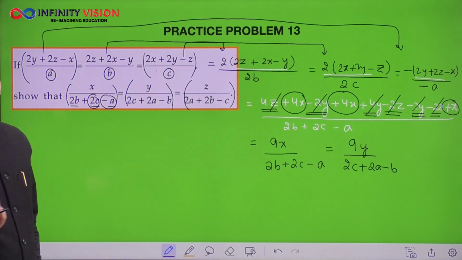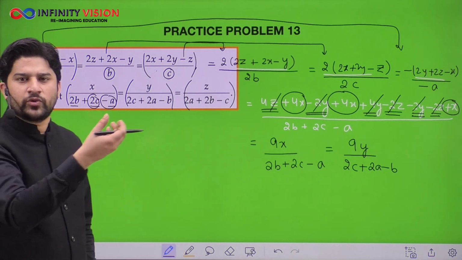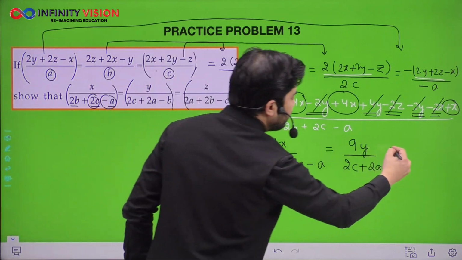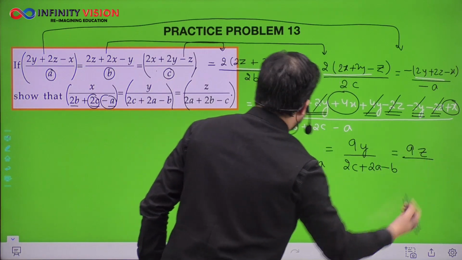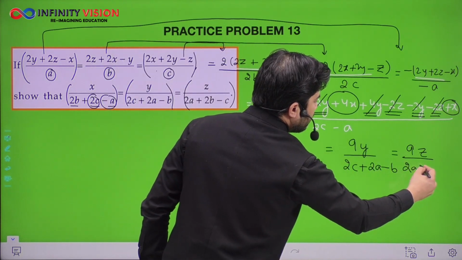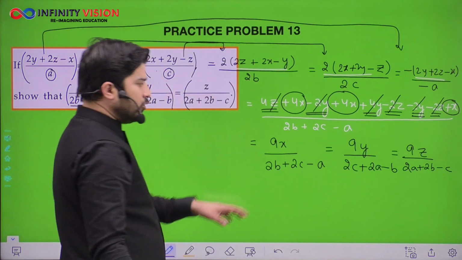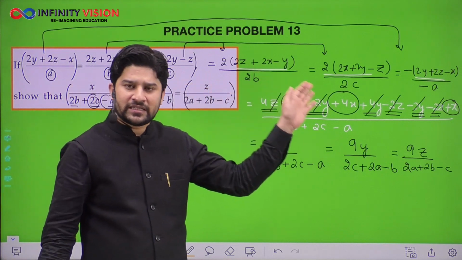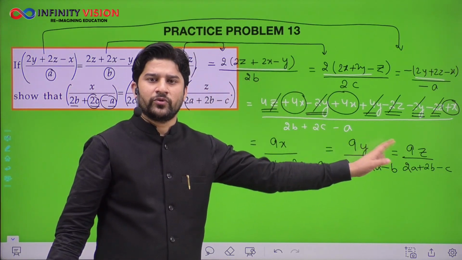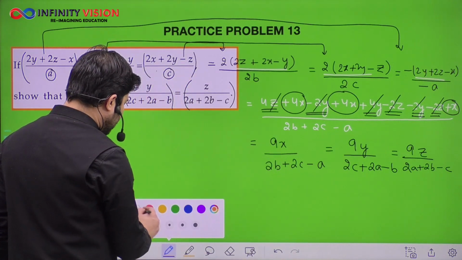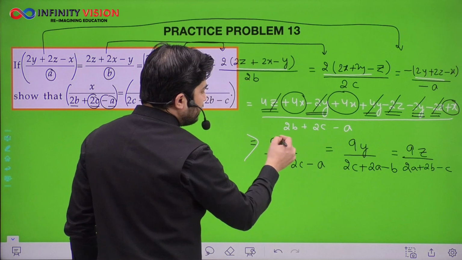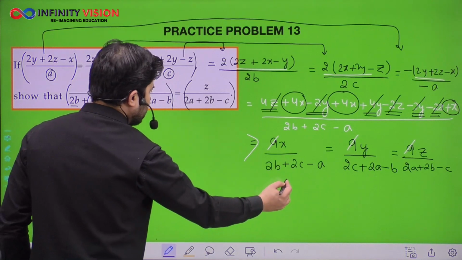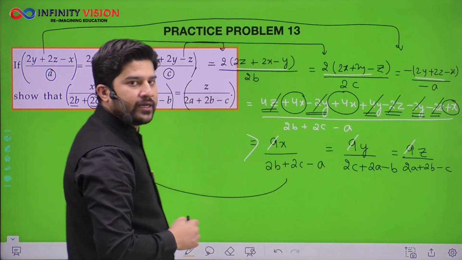By symmetry you can say that, or even if you want to check, you can check it, because the calculation would be exactly the same. And then the third part would be 9z upon 2a plus 2b minus c. You can do independent calculation as well to verify, but since everything is symmetric and cyclical, you can say that these are going to be your answer. And when you see that they all are equivalent and 9 being common, these can be cancelled out, which suggests that this is going to be your correct implication.